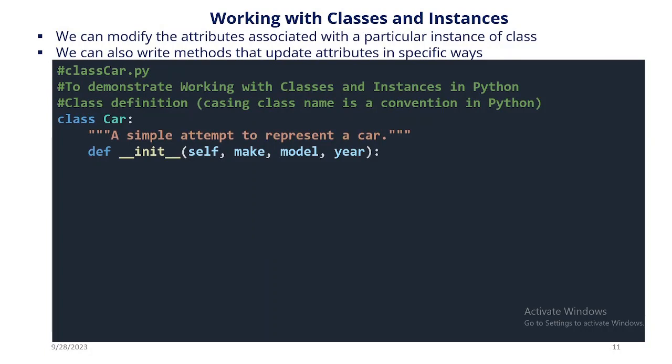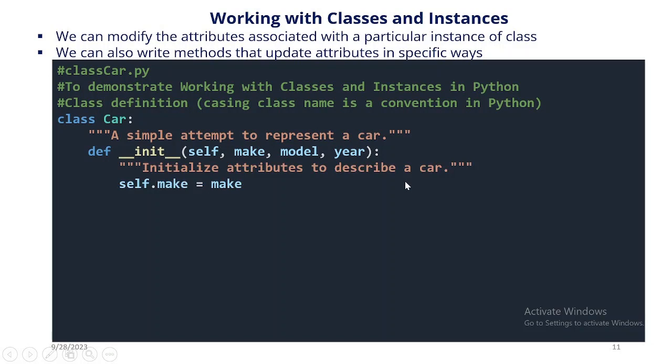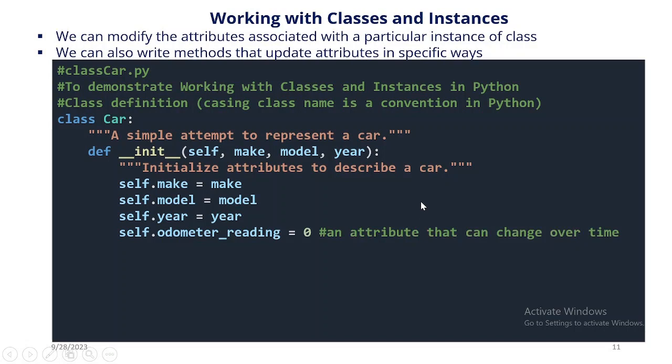We start again with our def init, and we must have self inside. So let's add other attributes: make, model, year. We initialize the attributes: self.make equal to make, self.model equal to model, self.year equal to year. Every attribute or most attributes must be initialized.